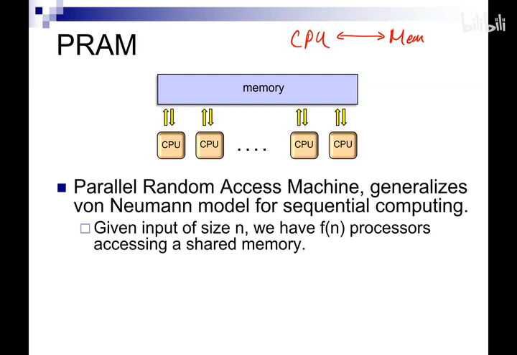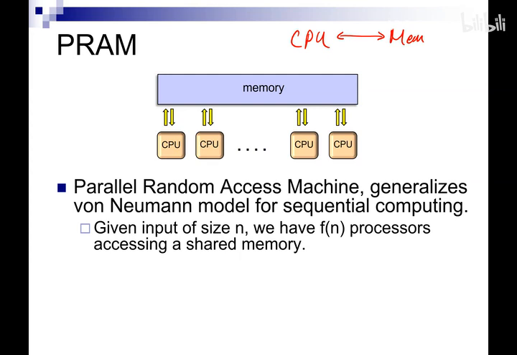Now in the PRAM model, we're simply going to generalize this into the parallel setting. And the way we do that is just that we're going to have multiple CPUs. So we have now a parallel computer with multiple CPUs, and in every time step, altogether, they can in parallel talk to the memory. Each CPU can read from a different part of memory, and then the CPUs can each do a computation, all in parallel.